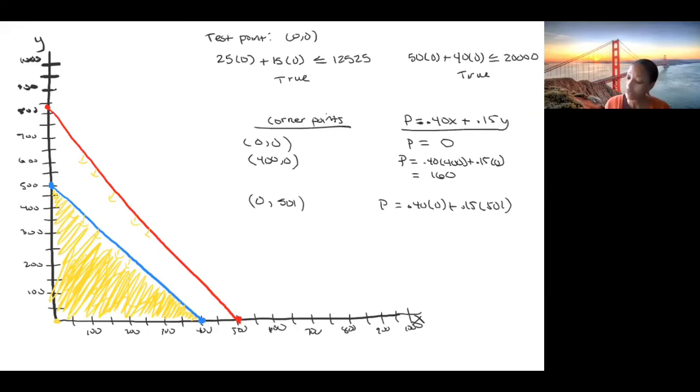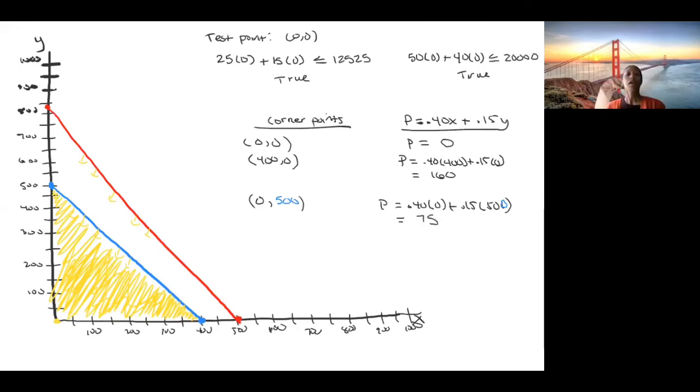Did I do this right? 7515. I'm sorry. I wrote the wrong thing down here. I just realized. That's not 501, that's 500. I'm using the wrong point. These are both of the points for the second function. So that should just be 500 for our corner point. 500 here, and then this would be 75.